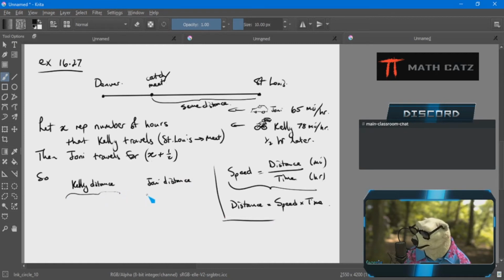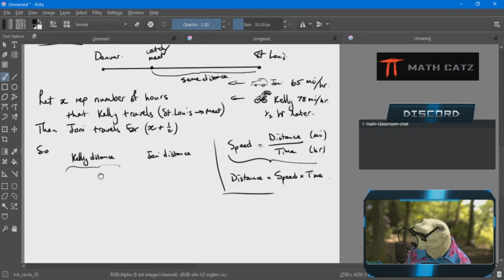So what is the distance that Kelly travels? I'm going to use distance equals speed times time. The speed is 78 miles an hour. The time is x.